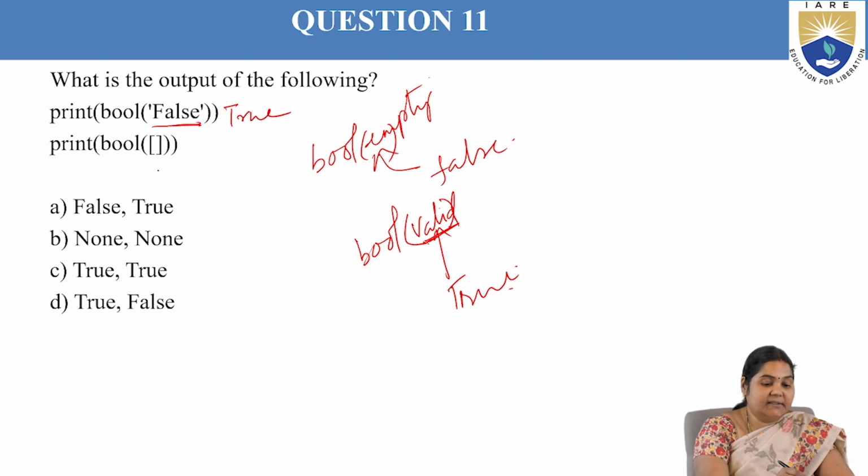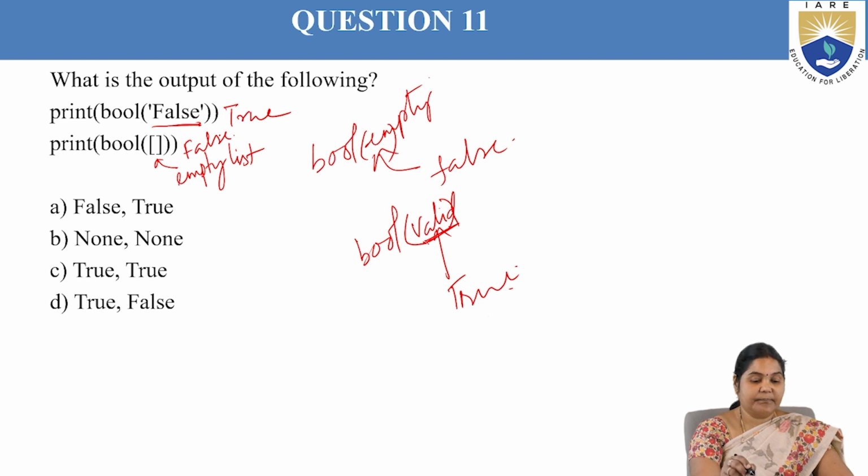But in the second case, it is an empty list. Empty means nothing. So, Boolean will give you false. So, what is the answer? It is true and false. So, D is the correct answer.